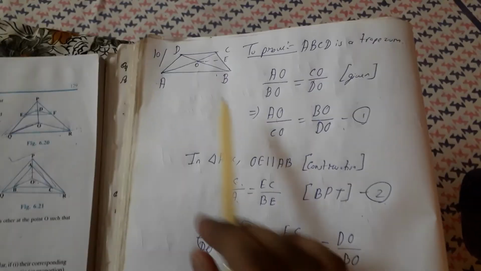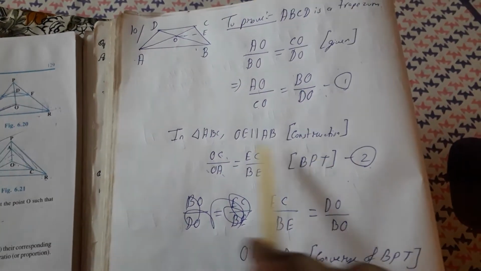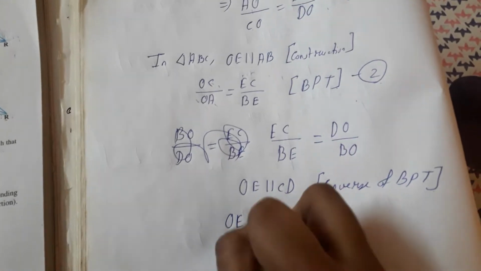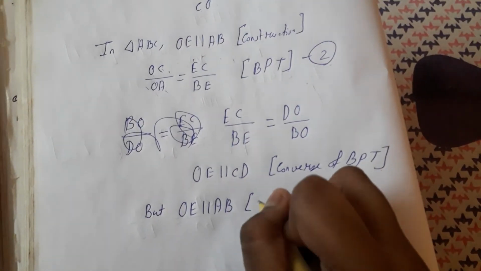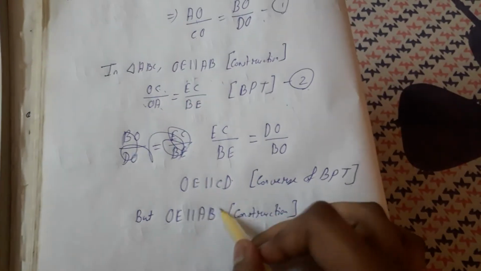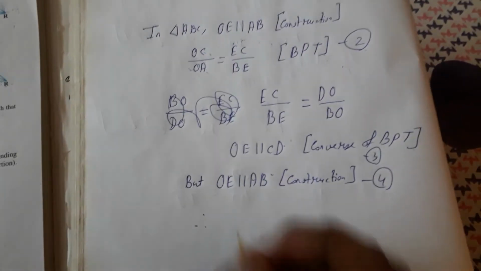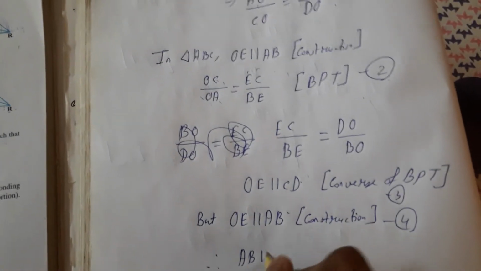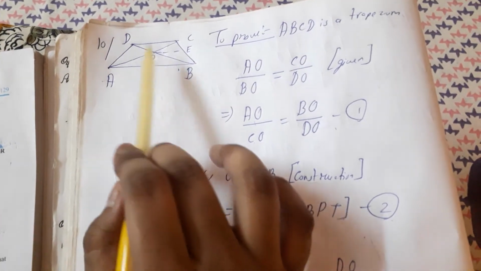But from construction we have said that OE is parallel to AB. So from equation 3 and equation 4 we can say that AB is parallel to CD, and if AB is parallel to CD, you can say that this is a trapezium.